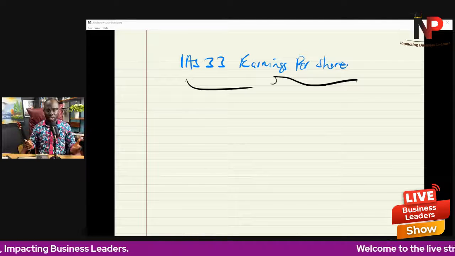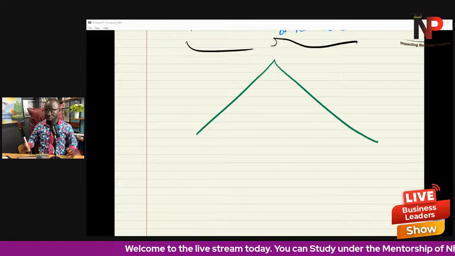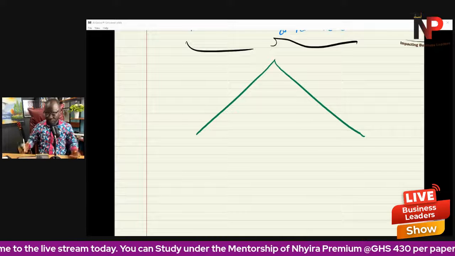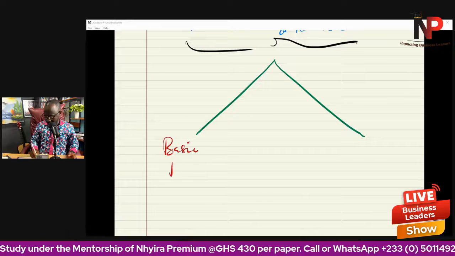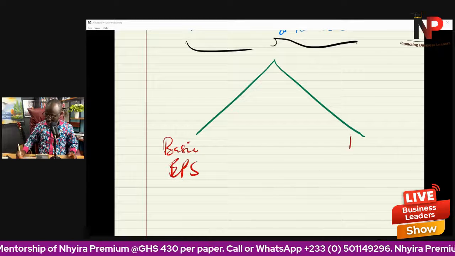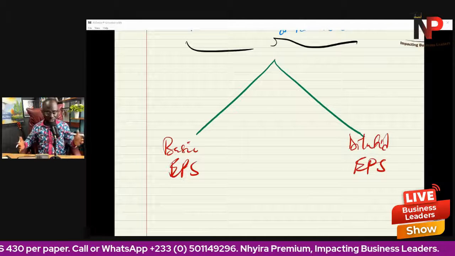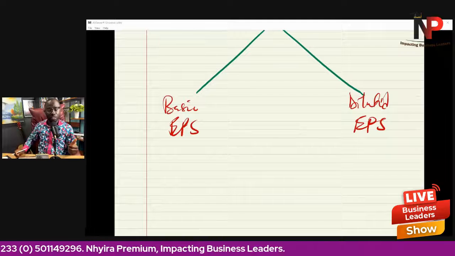Now, you need to understand off the bat that when it comes to earnings per share, it's going to be divided into two. So we're going to be looking at this in a two-part presentation or discussion. We're primarily going to have what we call the basic earnings per share and then the diluted earnings per share.